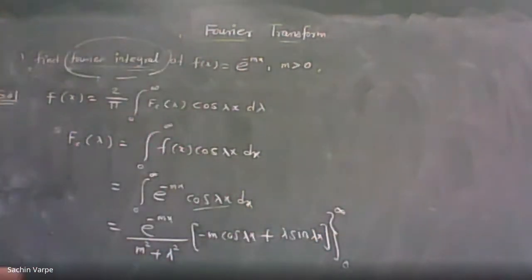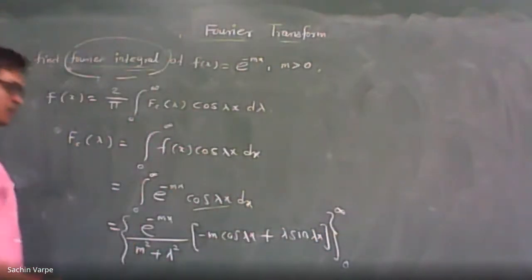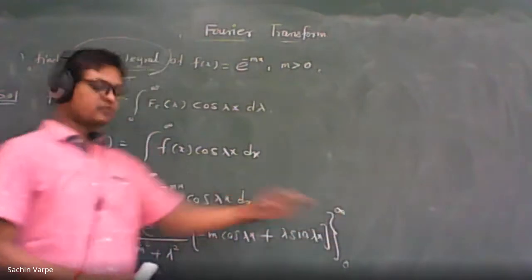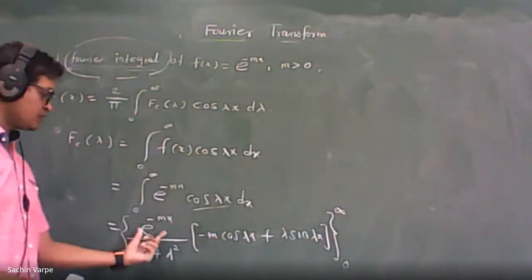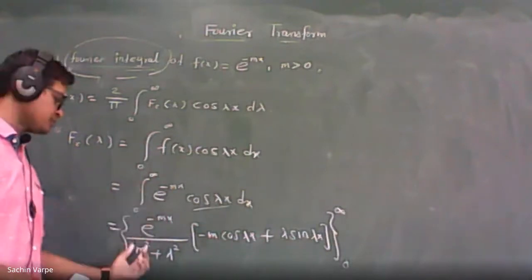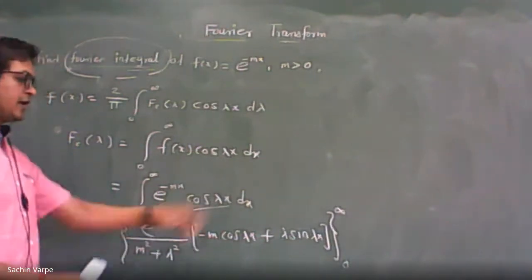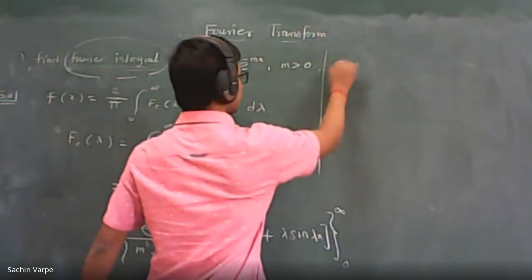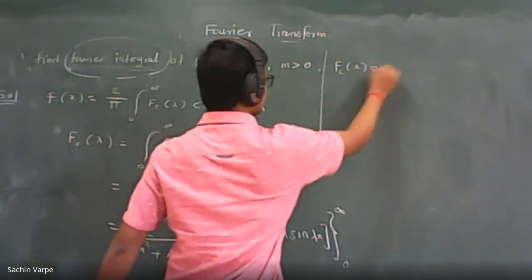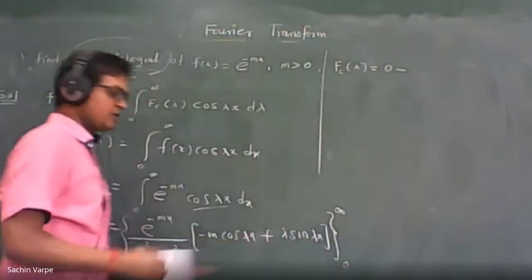And now substitute the upper and lower limits. So at the upper limit x equals infinity, this will be e to the power minus infinity, that will be 0, isn't it? e to the power minus infinity is 0, so 0. And at the lower limit, therefore f_c(lambda) is equal to 0 minus, now the function value at the lower limit.